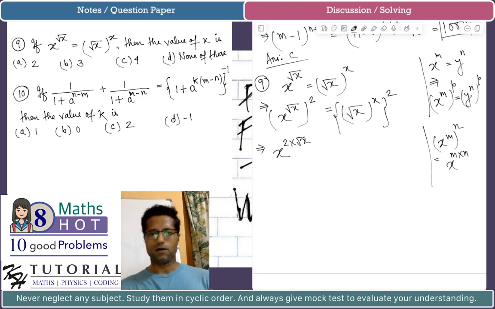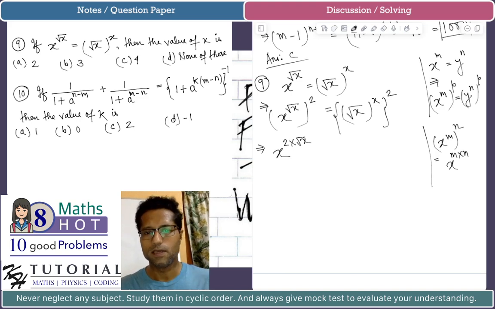So I have x raised to the power root x, that whole square will be equal to x, the powers will get multiplied. That is, the first level of power is root x and the second level of power is 2. So their product is 2 root x.